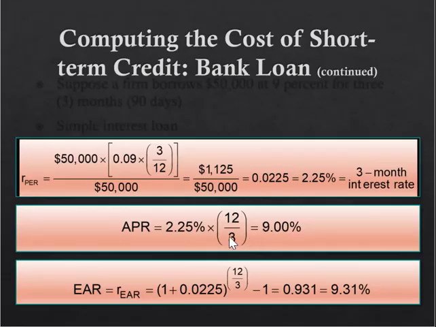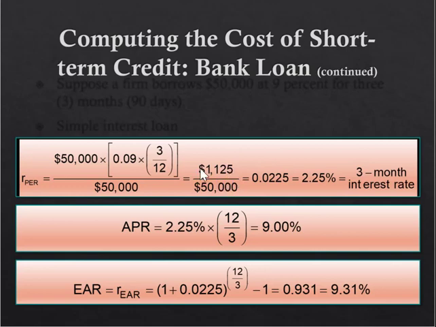Your return per period is $50,000 times 9% annual interest for 3 months, which is $1,125 over 50,000. When we do that math, we come out to 2.25% as the 3-month interest rate.